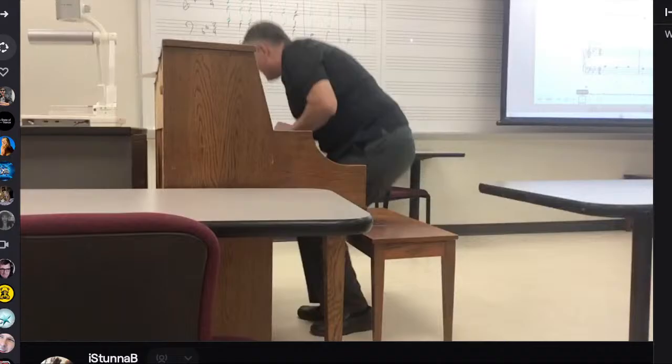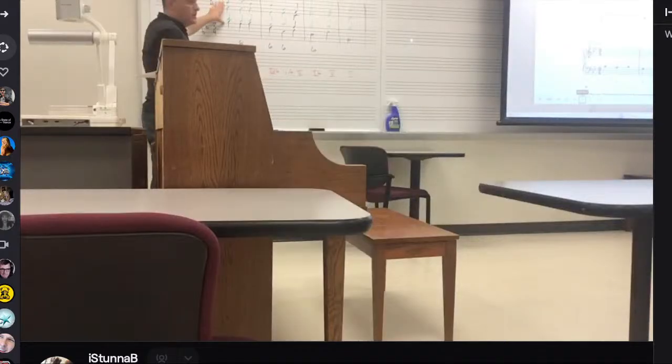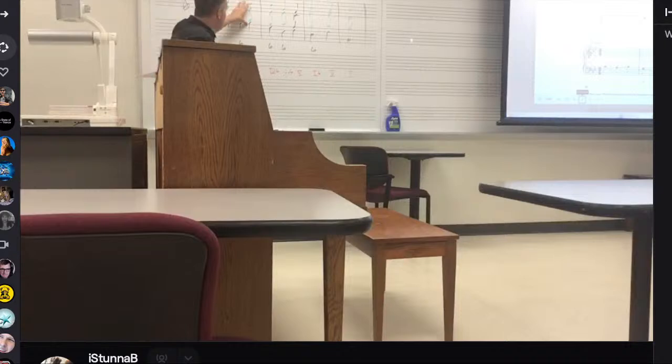Probably should have done this first, but you want to check your soprano and your bass as well, to just make sure that there are no direct octaves or direct fifths. So we have octaves in our bass and our soprano moving in opposite directions, so that won't be a direct octave. Moving in opposite direction, that won't be a direct octave.